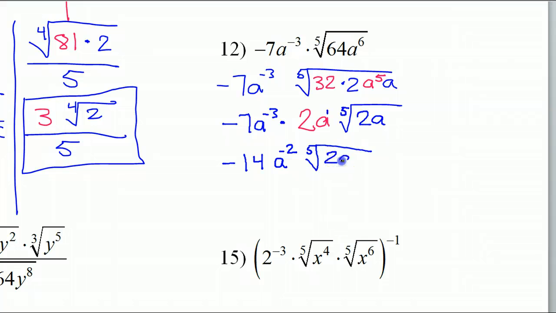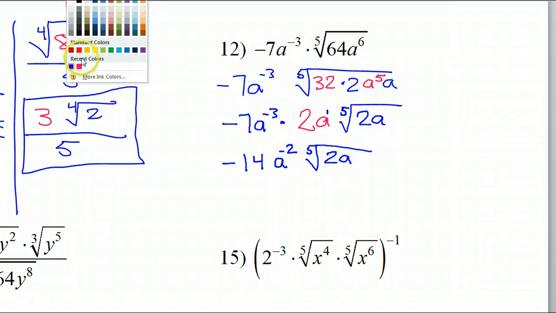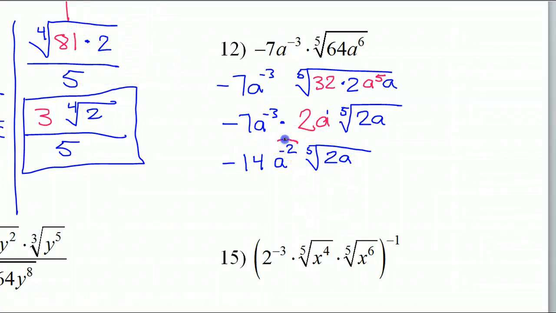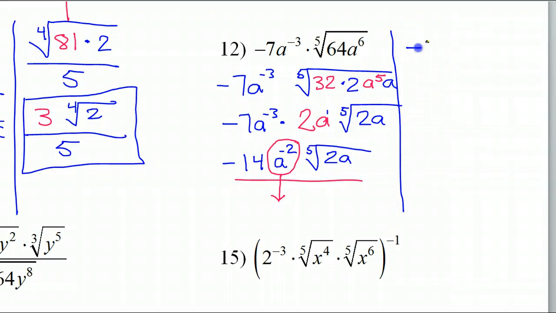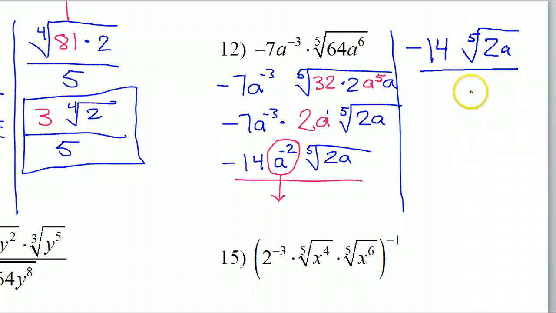Fifth root of 2a. Now, as we've seen many times before, if you have a negative exponent, you are on the wrong side of the invisible fraction line. And you must drop down. So, that's going to set me up for my final answer, which is negative 14 times the fifth root of 2a over a squared.